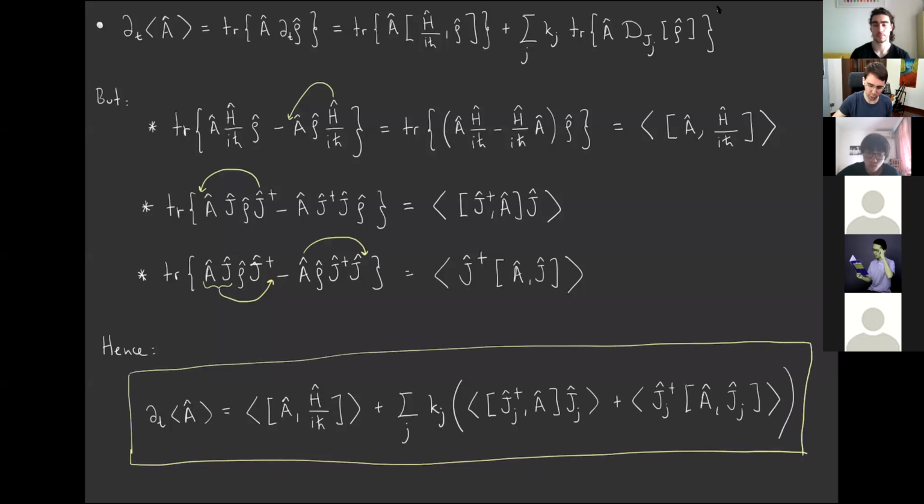Because as you see, everything depends implicitly on the state, but in order to find the evolution equation, you only need to know the commutators between your problem operators, so the Hamiltonian and the jump operators, and the operator that you are interested in. That's enough to write down the evolution equation of the expectation value of the operator. So these are the two things that we need before we consider the example that we are going to study.